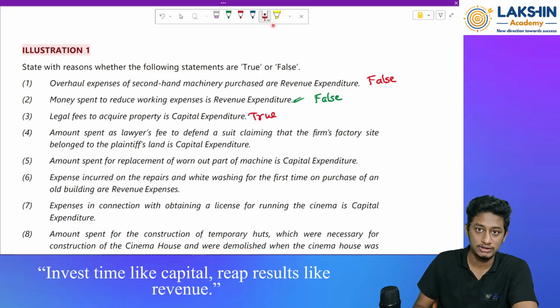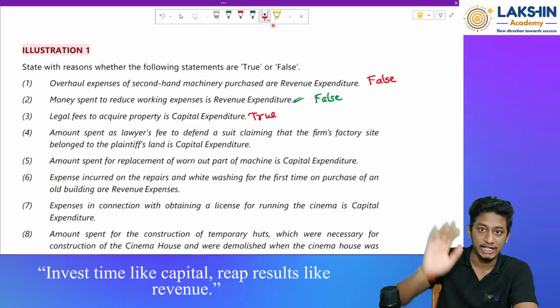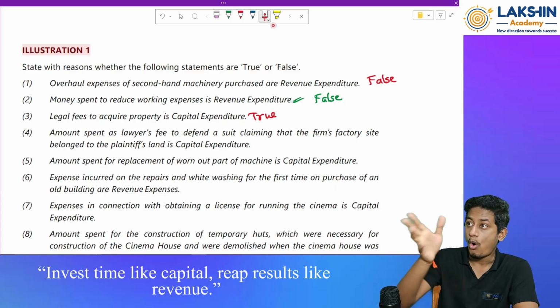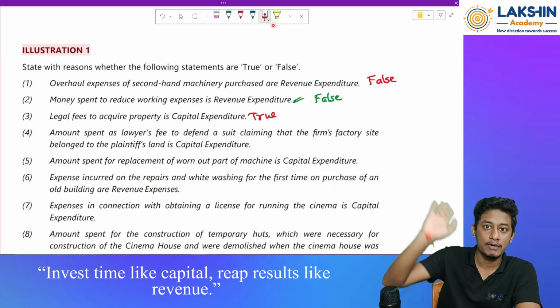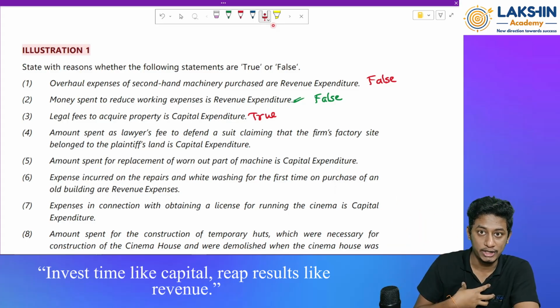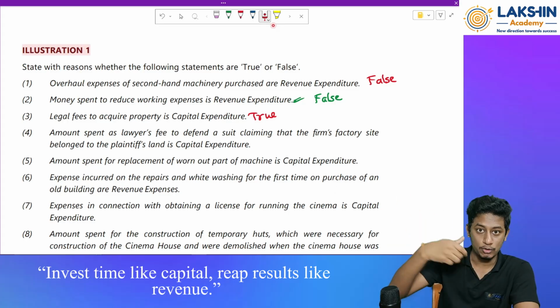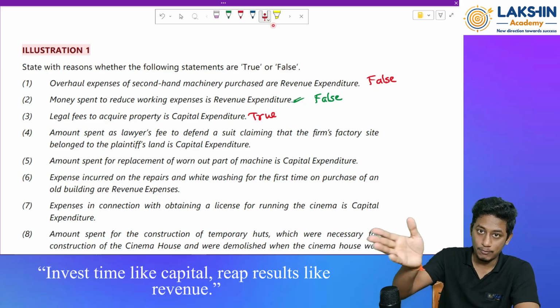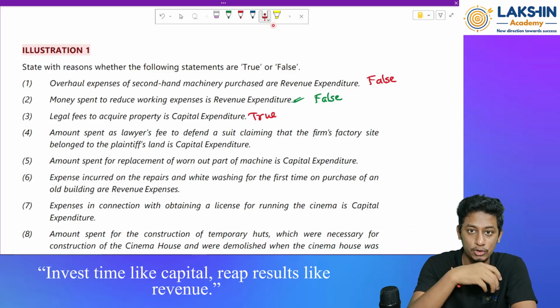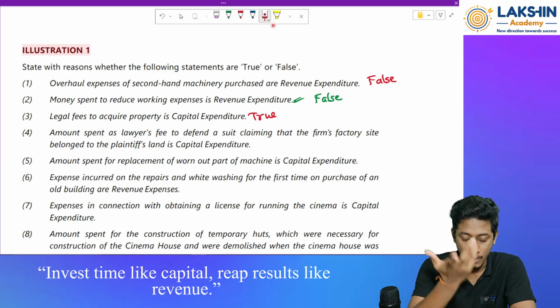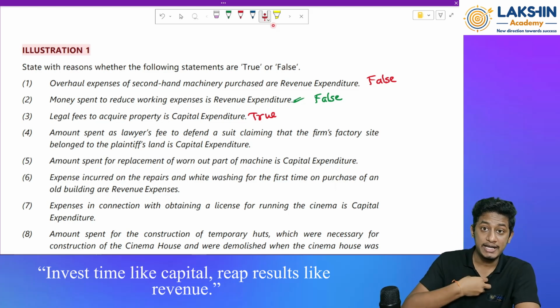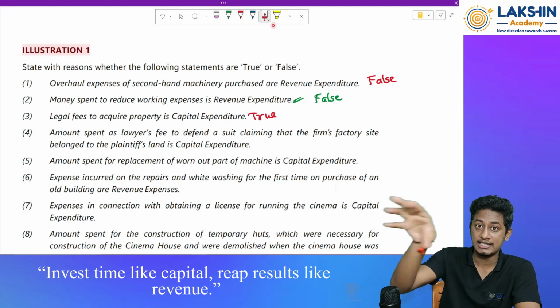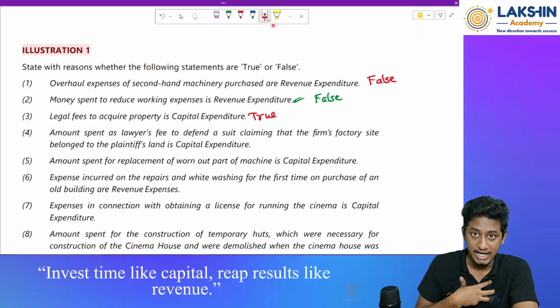See, tomorrow if I lose the case, let us assume I don't pay the legal fees. I lose the case because I don't have a lawyer. What will happen with the land? The land will be given to the other person who has filed the case against me, right? If tomorrow I lose the land, it will be a loss for me because I have paid for the land. Will that be good for the business? Obviously no. So I am paying this legal fees to maintain the land with me.